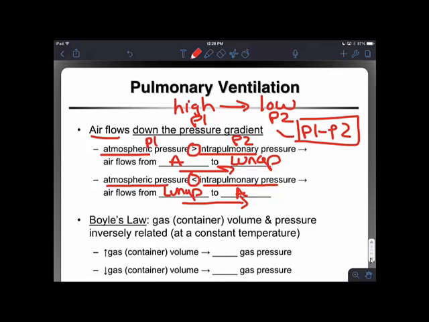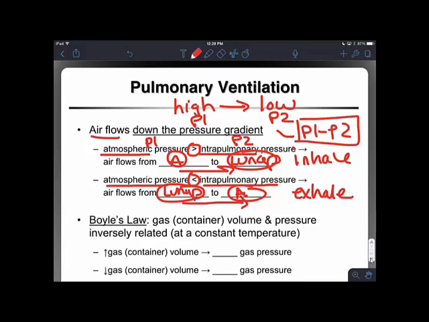So when you inhale, the reason air is coming in is because the pressure in the atmosphere is greater than the pressure in the lungs. And when you exhale, the reason air moves out of your lungs is because the pressure in the lungs is greater than the pressure in the atmosphere. So there must be some way to manipulate these pressures, to change this pressure gradient.